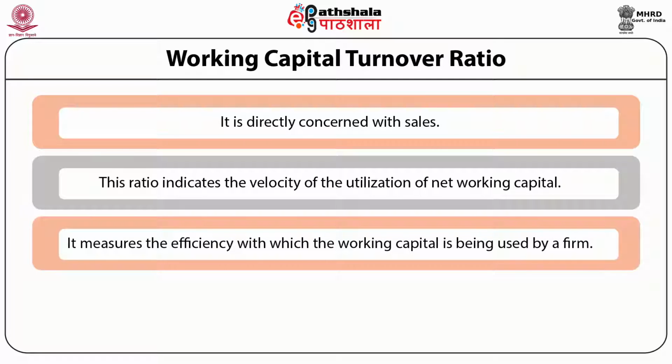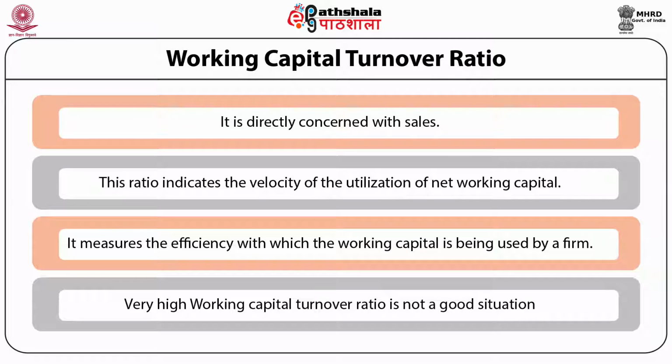Working capital turnover ratio measures the efficiency with which the working capital is being used by the firm. Higher ratio indicates efficient utilization of working capital. Lower ratio indicates inefficiency.